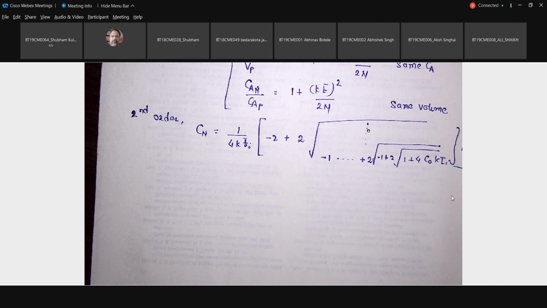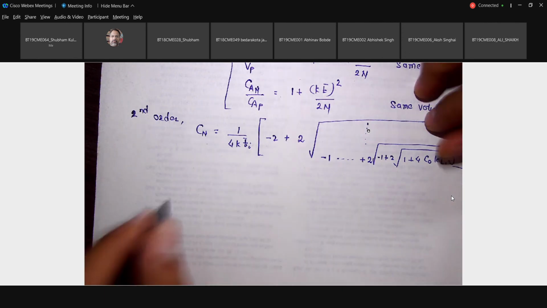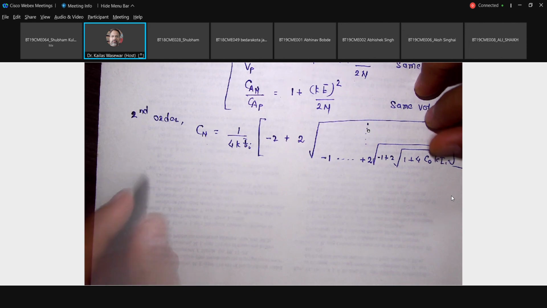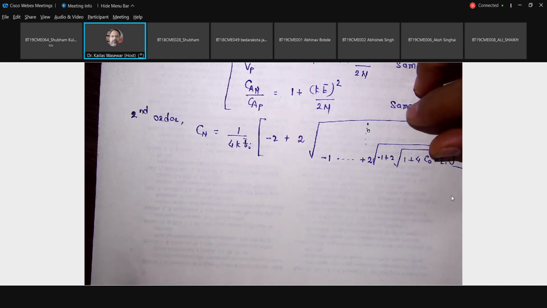Now you have calculated the number of tanks from this particular one. But how will you use it for the conversion?